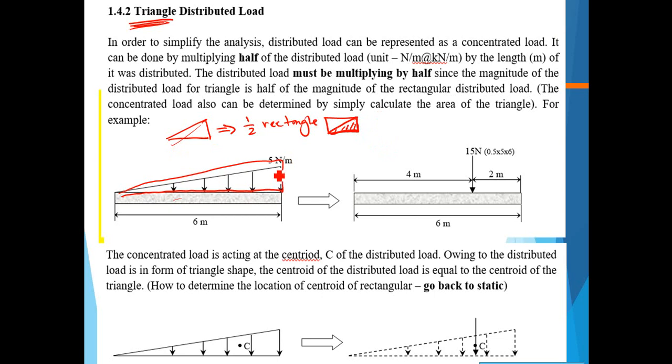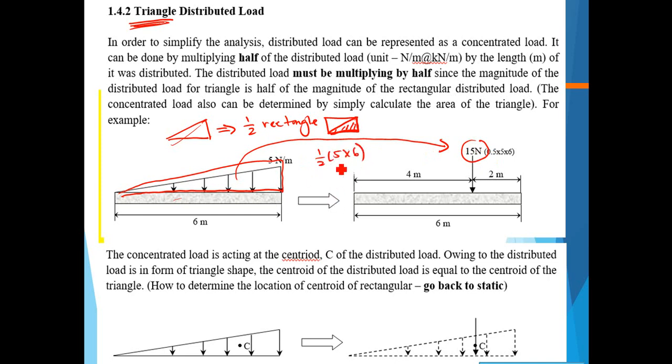So how do we determine the value of the concentrated load when converting from distributed load? You get the magnitude by using half times 5 times 6.